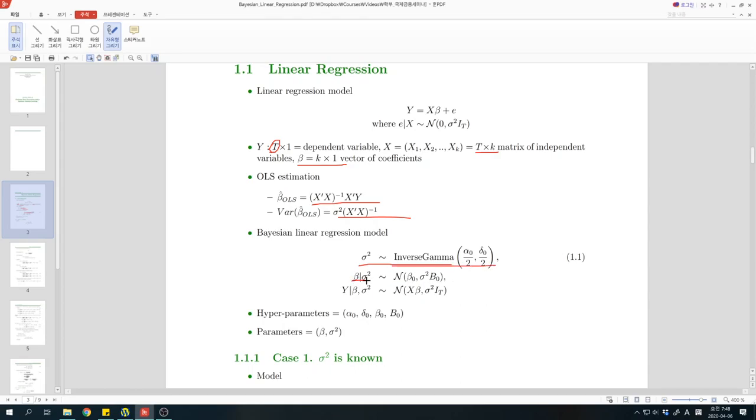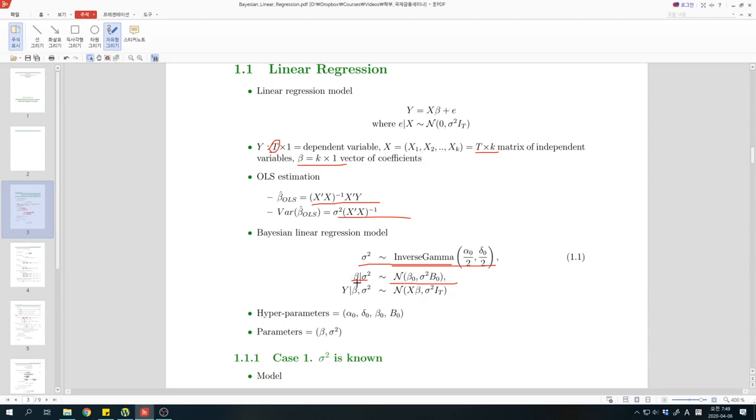Then subsequently beta is generated from this normal distribution, whose mean is beta 0 and whose variance is sigma square times b0. Beta is a K by 1 vector, so beta 0 is of course a K by 1 vector, and b0 is a K by K matrix, because this must be a variance-covariance matrix.